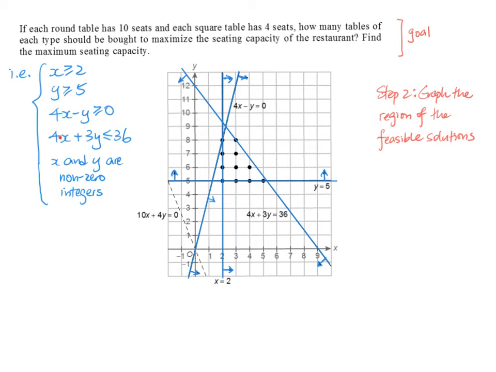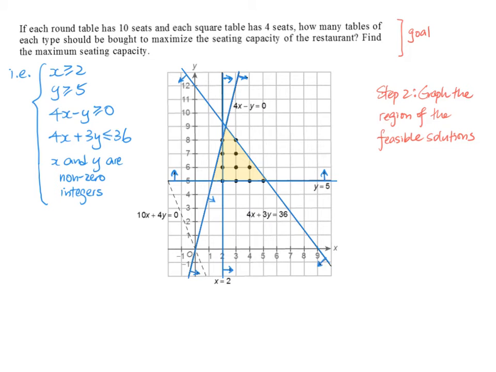For the fourth one, we draw this line, 4x plus 3y equals 36. This time we can use 0, 0, and that gives us less than, so this part is good and we point this way. Putting all of these together gives the region of all feasible solutions.